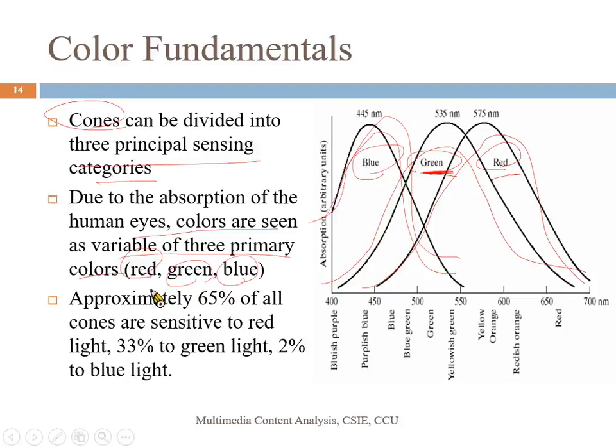The difference between the ratios of cones may be due to evolution. Some scientists think that our vision neurons less sensitive to blue were only involved in the recent, maybe million, years. So only 2% of cones are sensitive to blue light.